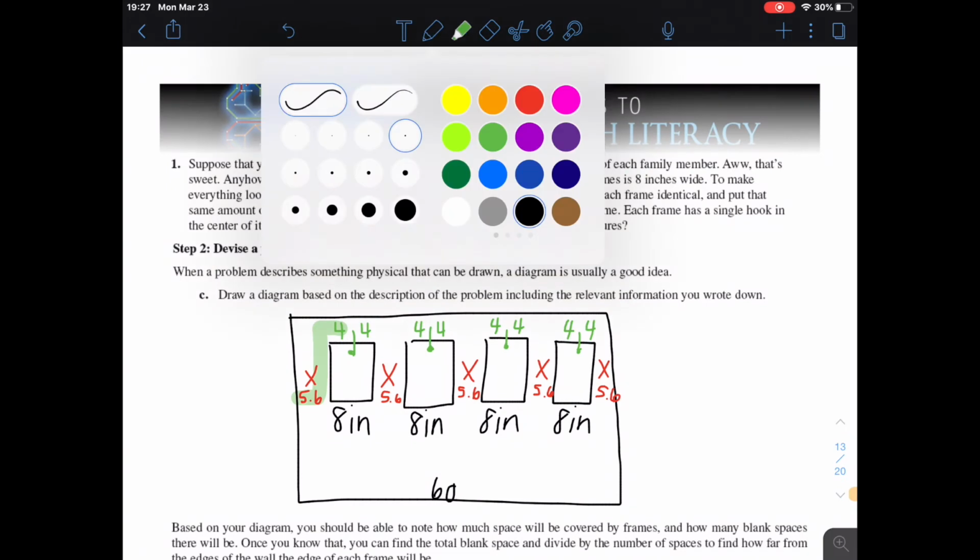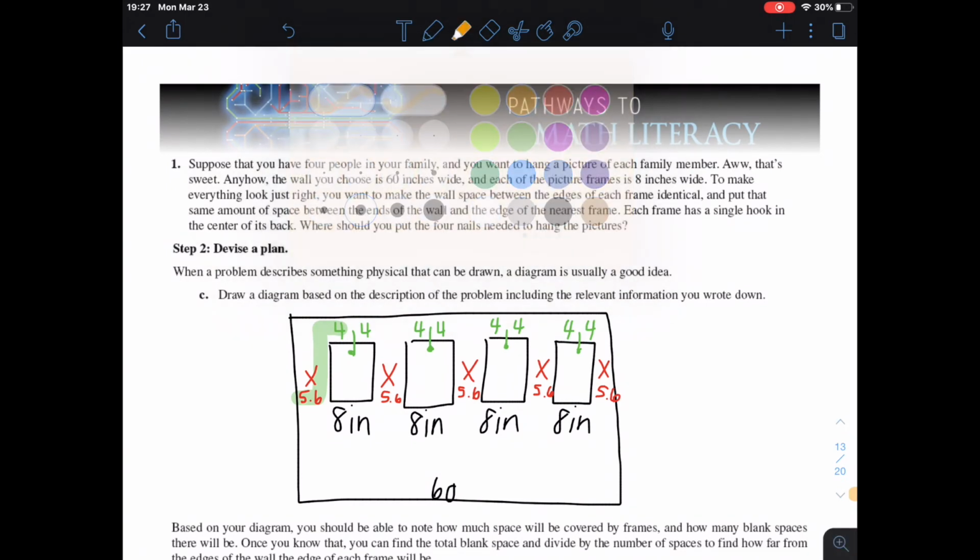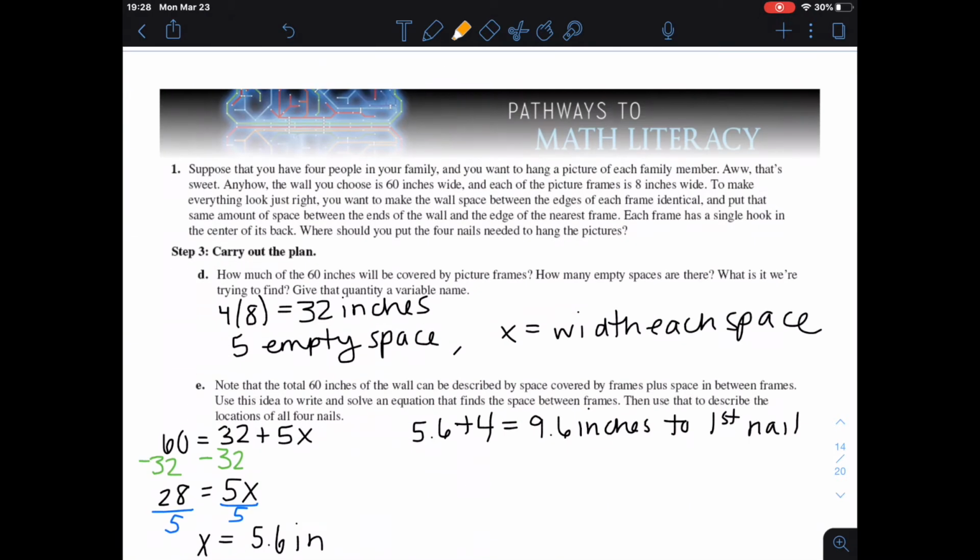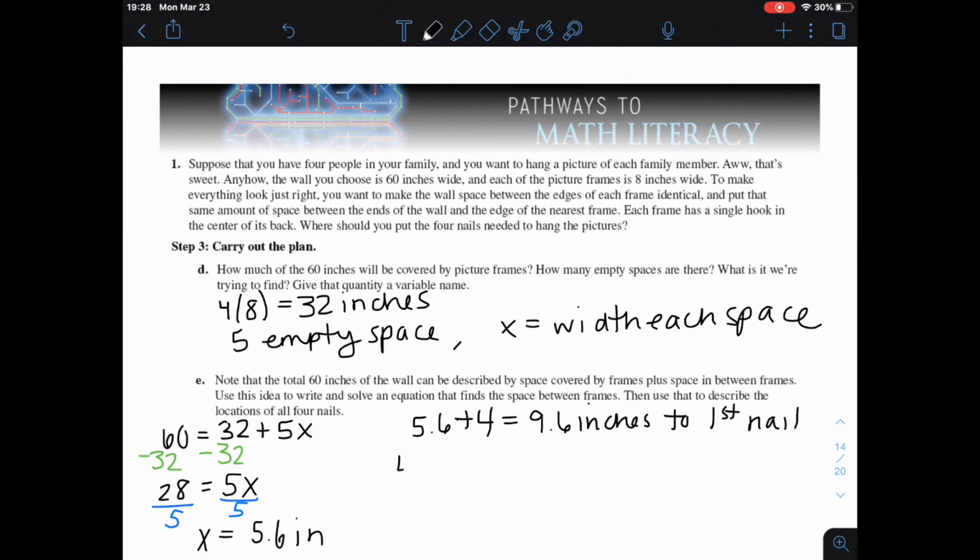Then, for every nail after that, you've got to go these 4 inches, the 5.6, and then 4 more. So you have 4 inches to get out of the picture frame, the white space, and then 4 into the next one. So you want to go 13.6 inches from there, from the first nail to the second.